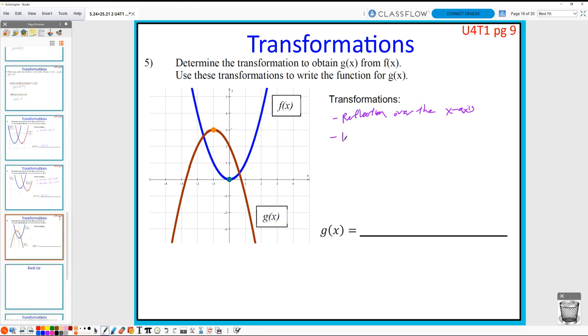I have a vertical translation up 3 units, and a horizontal translation left 1 unit. So putting it all together, I have negative f of x plus 1 plus 3.